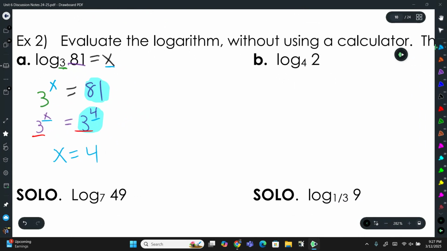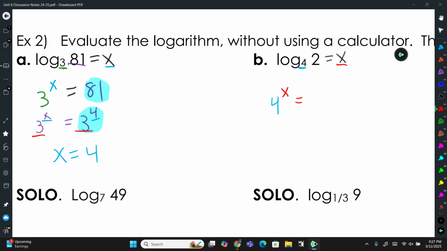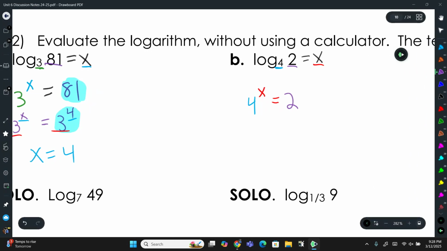All right, letter B. And we're going to make this equal to x. And then 4 is our base to the x power equals 2, the other number. Okay, well now you might be saying, how can I rewrite 2 to have a base of 4? Like, we can't do that because 2 is smaller than 4.